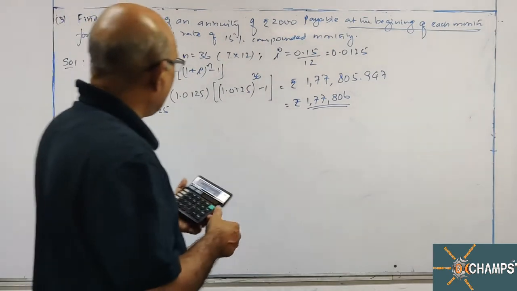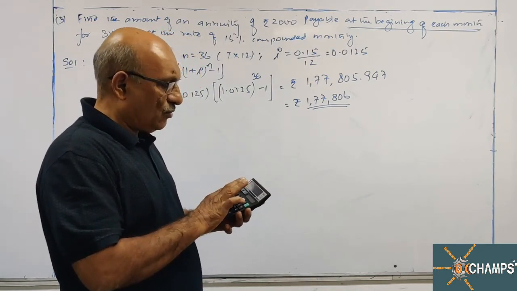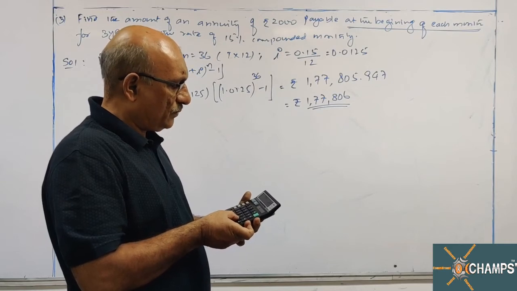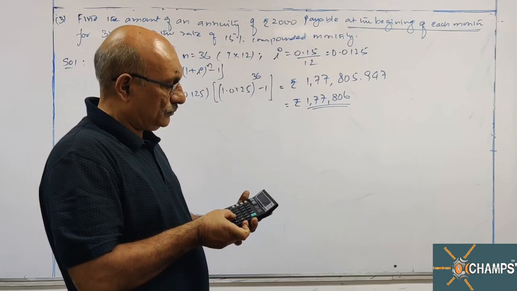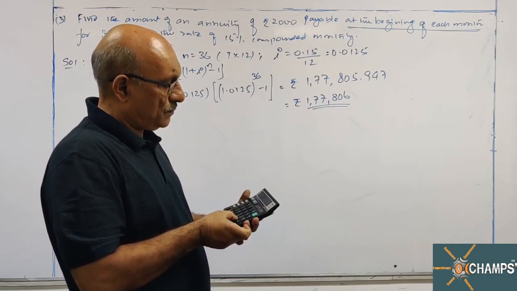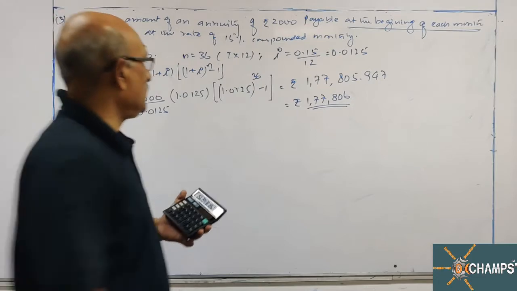Let me check up the calculations one more time. This is 1.0125 to the power of 36, then 37. It is 1.56. So my calculations are wrong here.